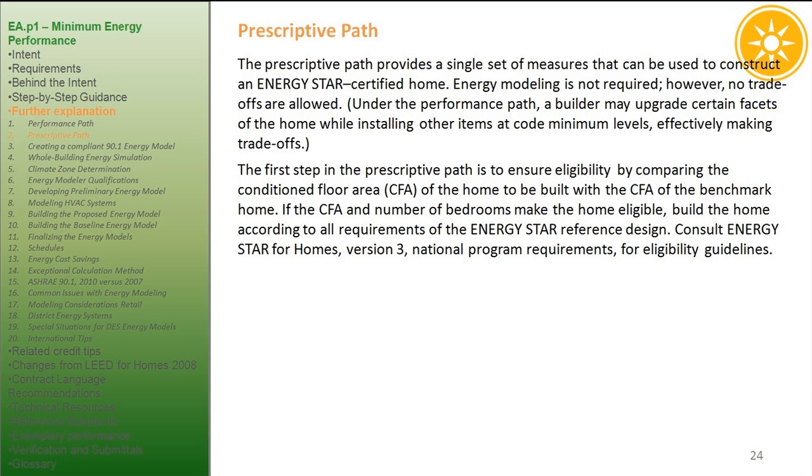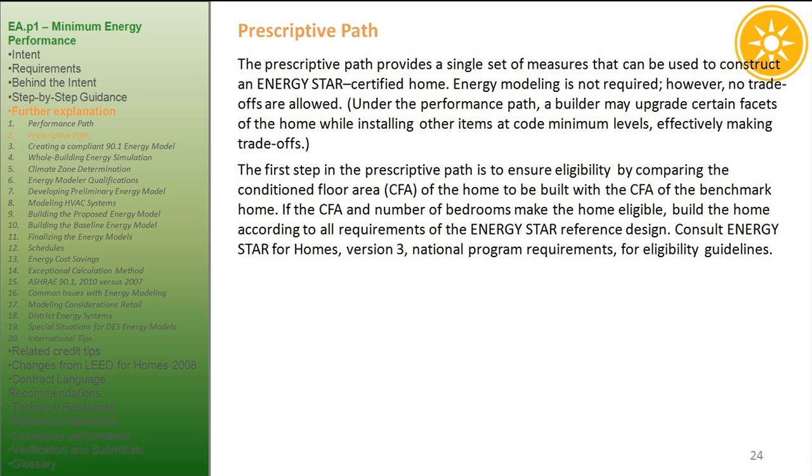Prescriptive path. The prescriptive path provides a single set of measures that can be used to construct an Energy Star certified home. Energy modeling is not required, however, no trade-offs are allowed. Under the performance path, a builder may upgrade certain facets of the home while installing other items at code minimum levels, effectively making trade-offs.